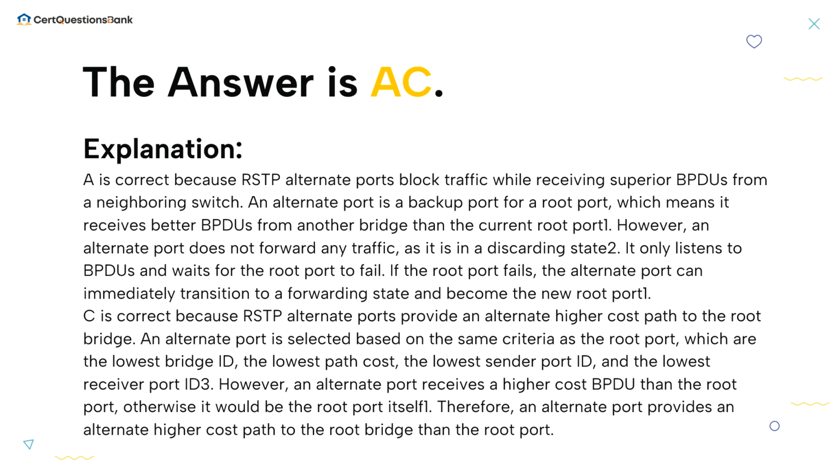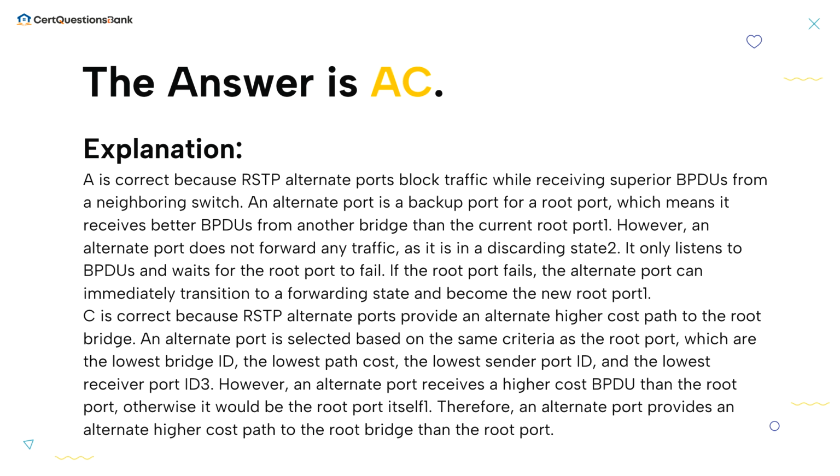It only listens to BPDUs and waits for the root port to fail. If the root port fails, the alternate port can immediately transition to a forwarding state and become the new root port.